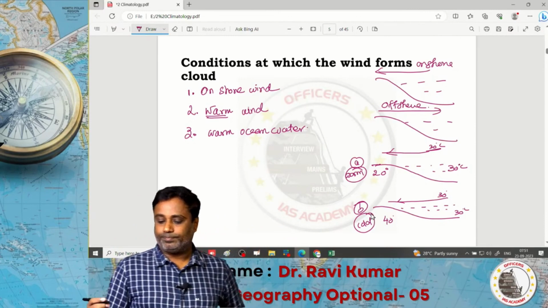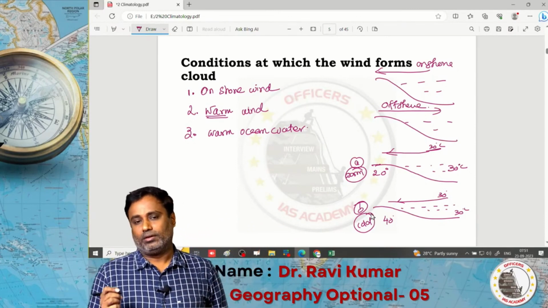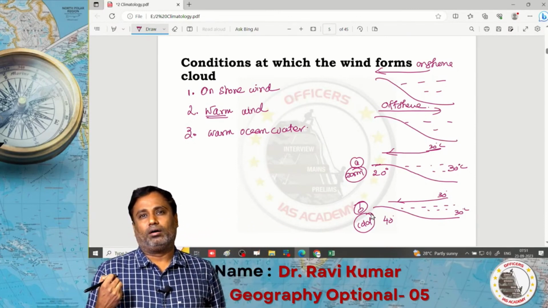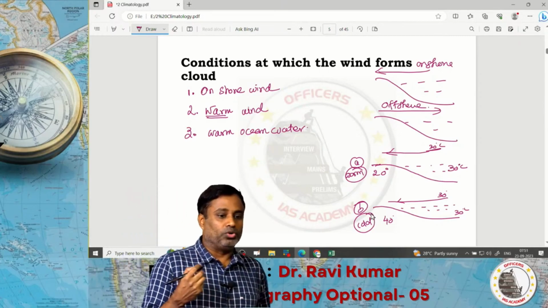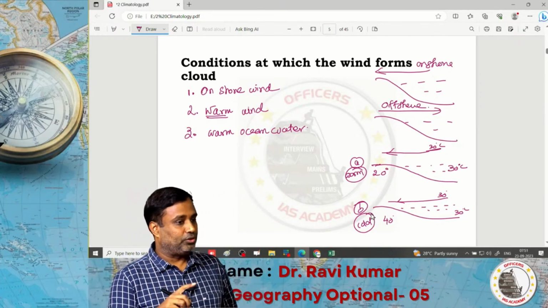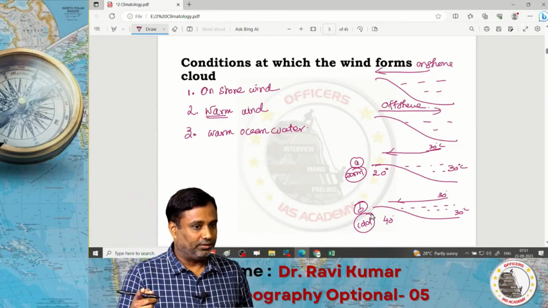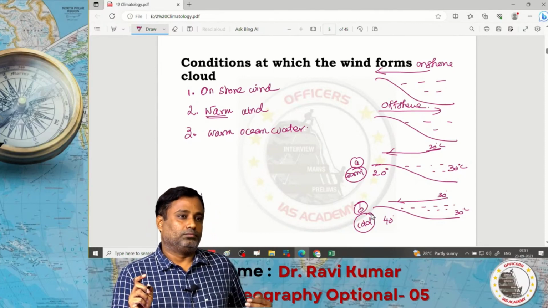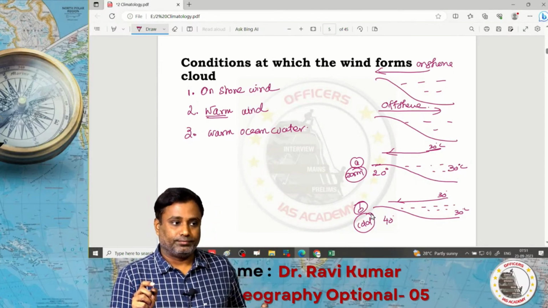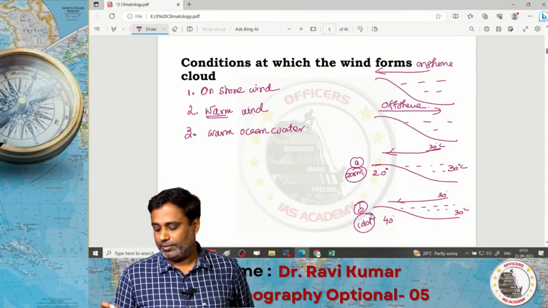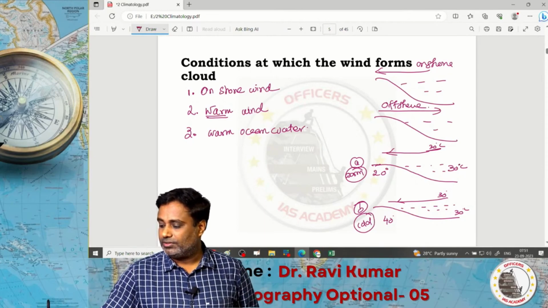To explain this, I'll tell you something. For example, the southwest monsoon system flows from the Arabian Sea to India. This is the summer season. What will be the temperature of the winds?